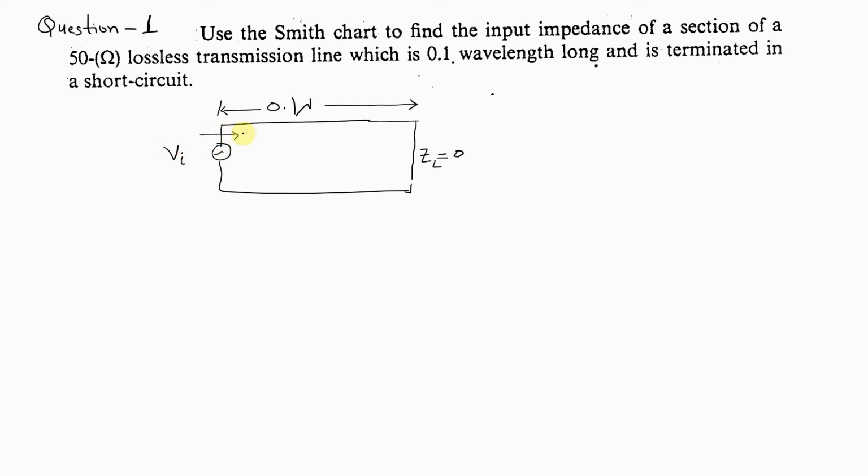The input impedance is Zi, and the characteristic impedance is Z naught, which is equal to R naught, because for a lossless transmission line Z naught is equal to R naught, here 50.